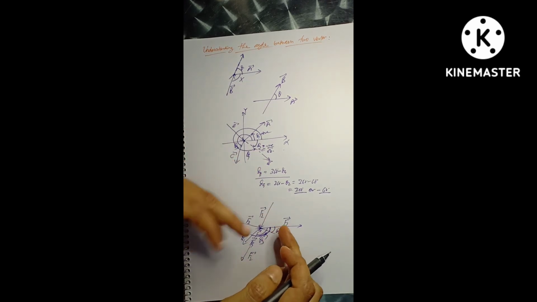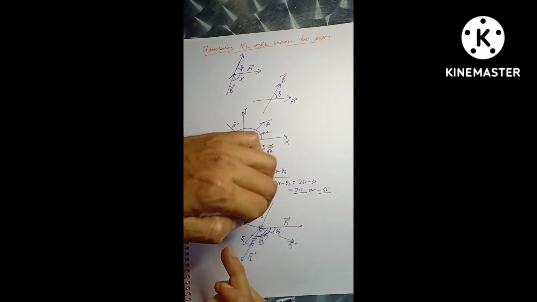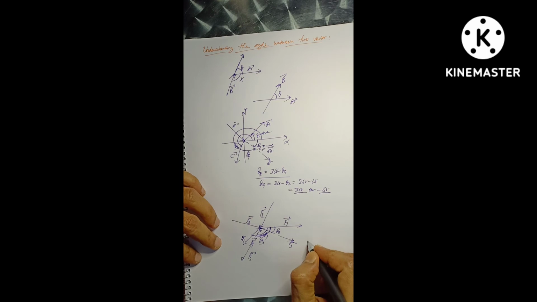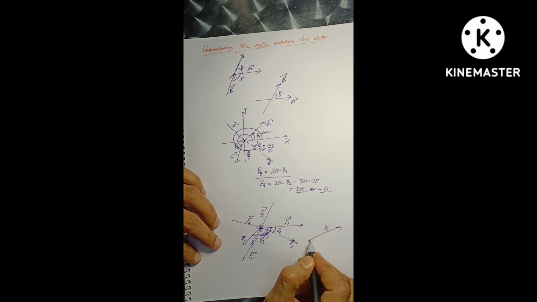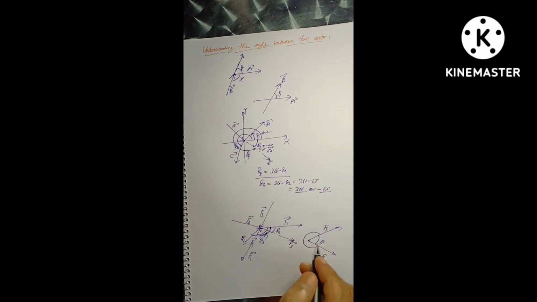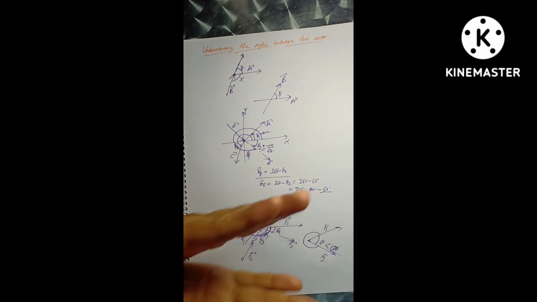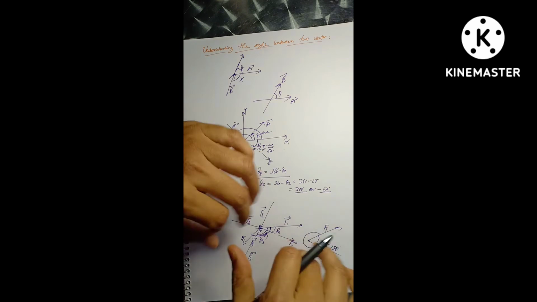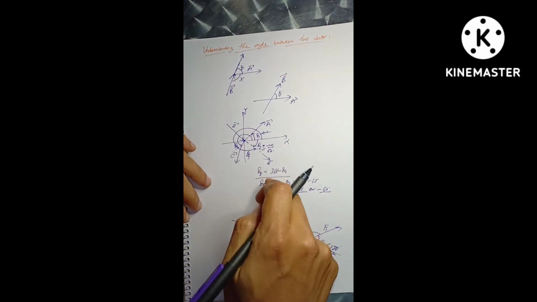So we do not measure anti-clockwise or clockwise, but the shortest angle between them. If two vectors, suppose one is along this direction, F1, and another is F2, the angle between them will be theta, not the larger angle, but the smaller angle, always less than 180 degrees. So the angle between two vectors is always less than 180 degrees, regardless of anti-clockwise or clockwise.